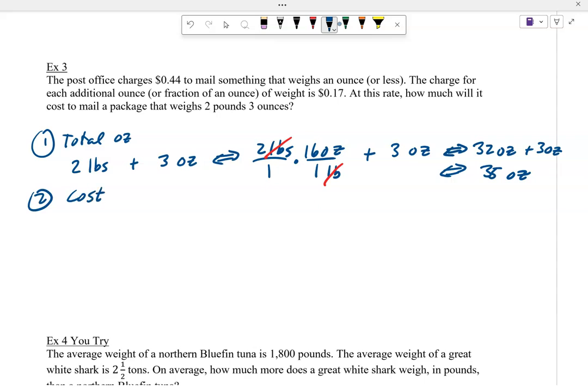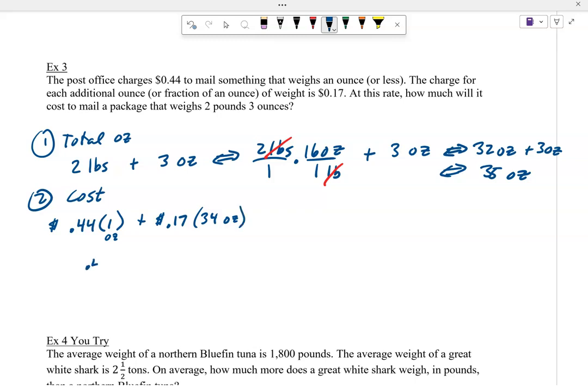Well, for the first ounce, it's 44 cents. 44 cents for that first ounce, right? Well, we have 35 ounces. So the other 34 ounces, it just costs 17 cents for the other 34 ounces.